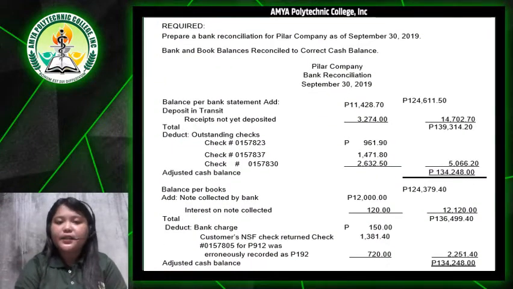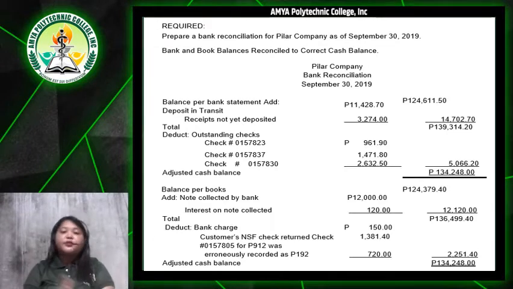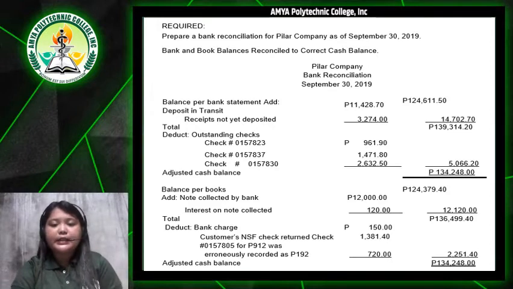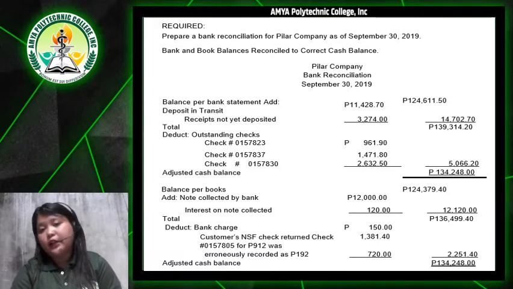Next, you have to prepare a bank reconciliation for Pilar Company as of September 30, 2019, so that the bank and book balances are reconciled to the correct cash balance. Here is how it looks to make a bank reconciliation for the Pilar Company.